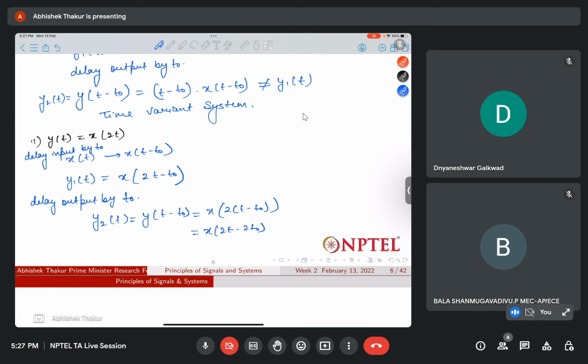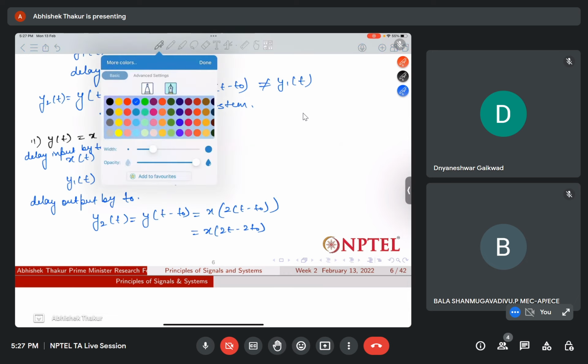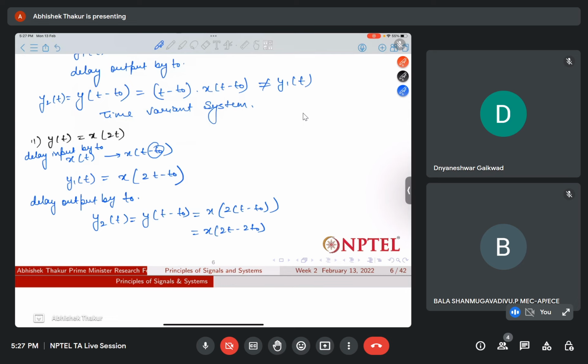See, delaying the input by t naught means we just have to add this extra minus t naught. So here we are adding minus t naught, but this y1(t) is not equal to this y2(t). This means it is again a time variant system.